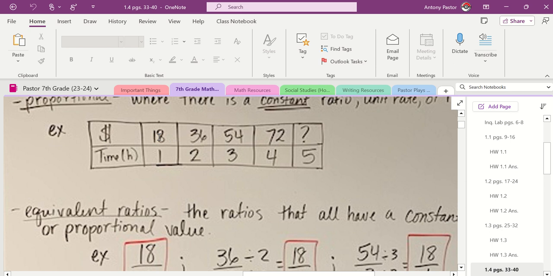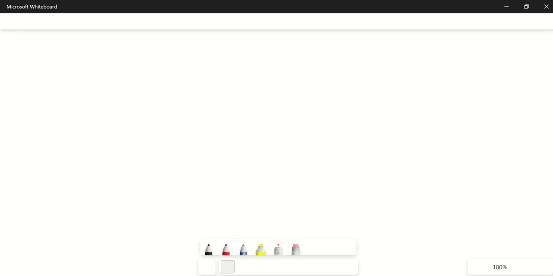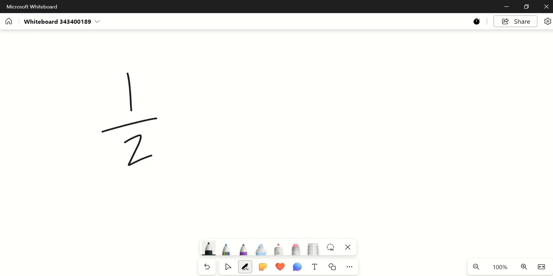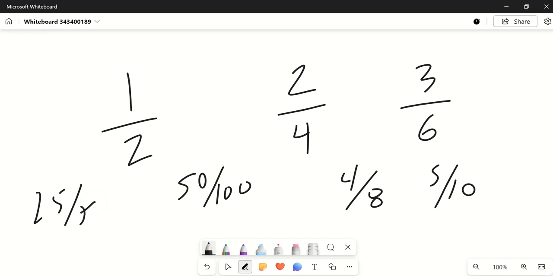It's like using the example of equivalent fractions. 1/2 can be written as 2/4, 3/6, 4/8, 5/10, 50 over 100, 25 over 50, and so on.